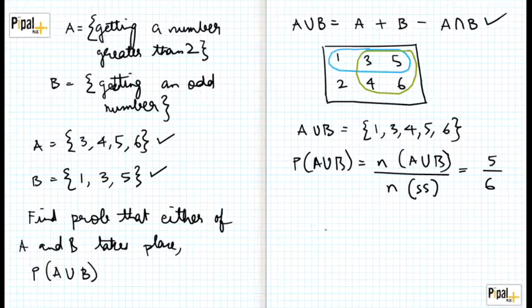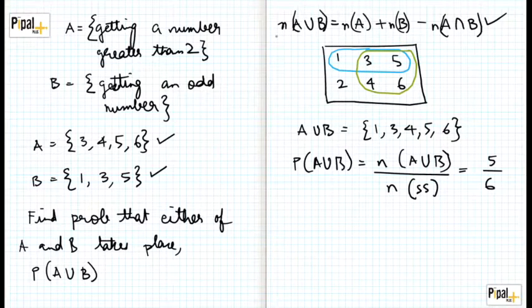That's because the number of elements in A union B is equal to the number of elements in A plus the number of elements in B minus the number of elements in their intersection, right?